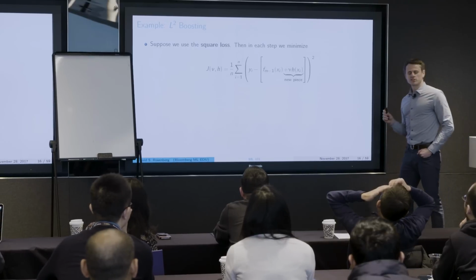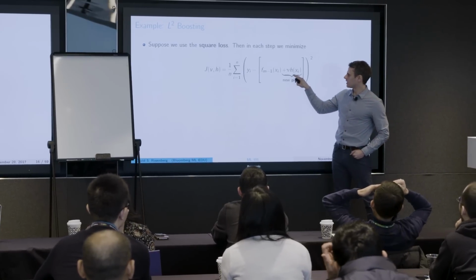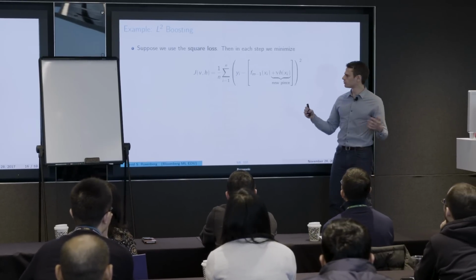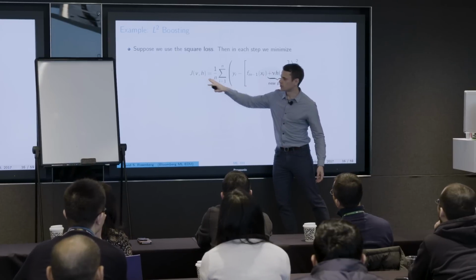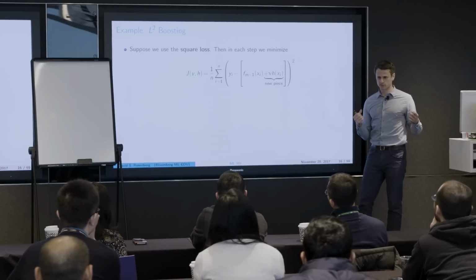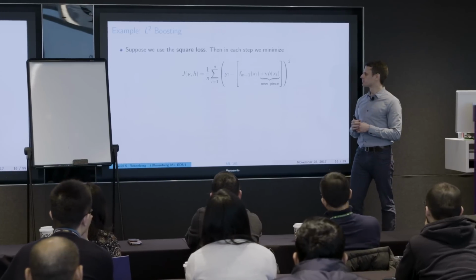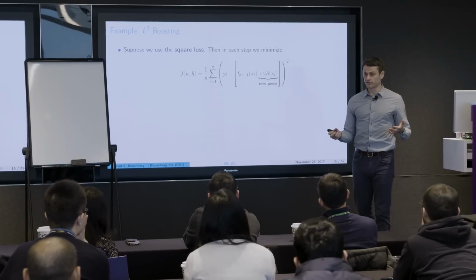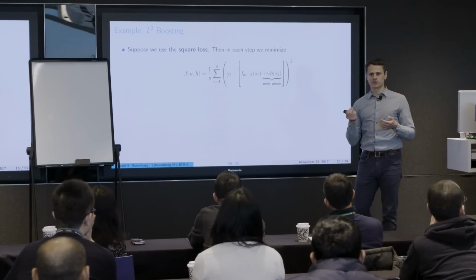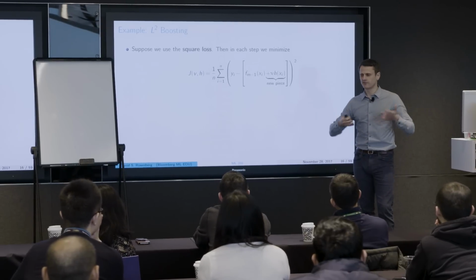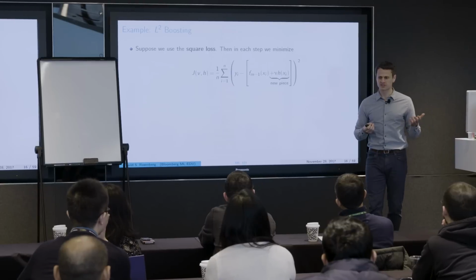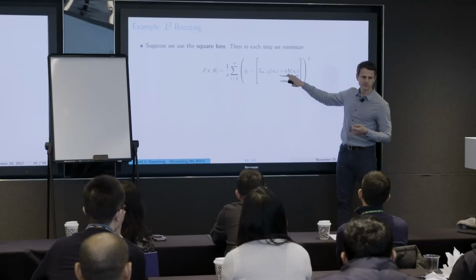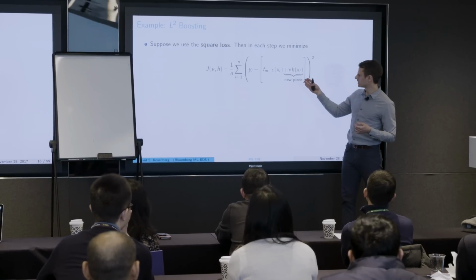And we can simplify a bit if we make a simple assumption about our base hypothesis space H. So remember, when we're optimizing over h, it is coming from some base hypothesis space, right? A set of possible step directions. And if we assume that the hypothesis space is closed under rescaling, meaning that if a particular function is in the hypothesis space and we rescale it, that function is still in the hypothesis space, then you don't actually need this nu, because it just gets absorbed into the h.